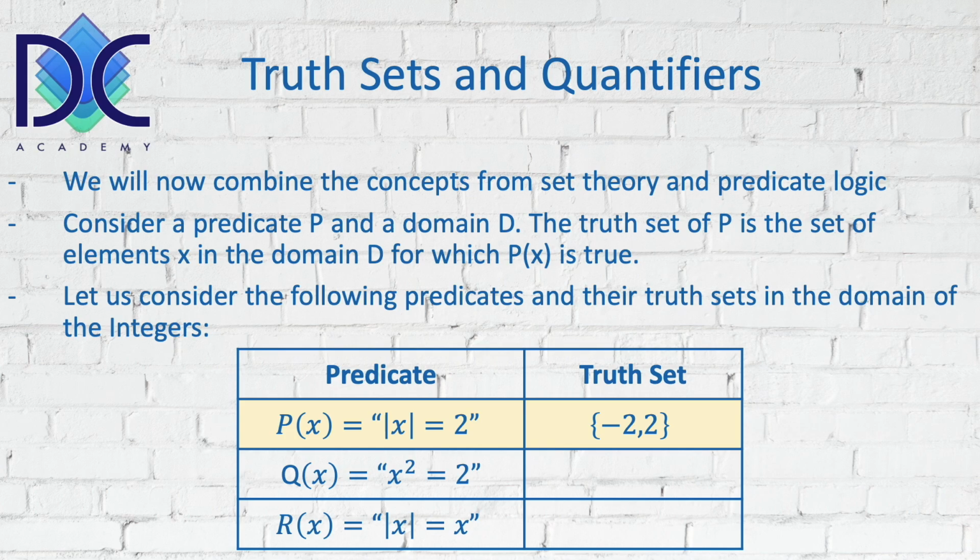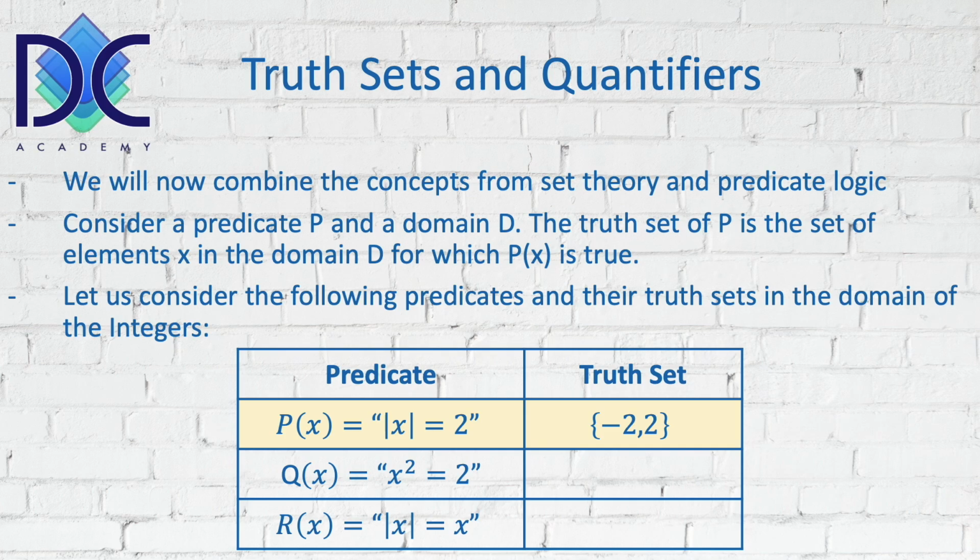Let's have a look at x squared is 2. Can we find an integer for which x squared is equal to 2? Well, basically, we have to find the square root of 2, but the square root of 2 is not an integer.